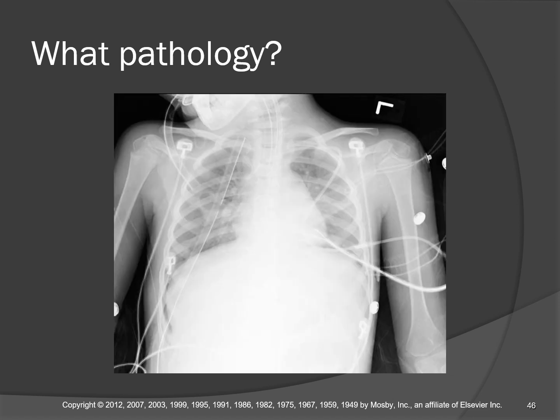Okay. What pathology do we have here? Yeah, sulcus sign. So this is an AP supine pediatric chest x-ray. They have a chest tube placed on the right side.